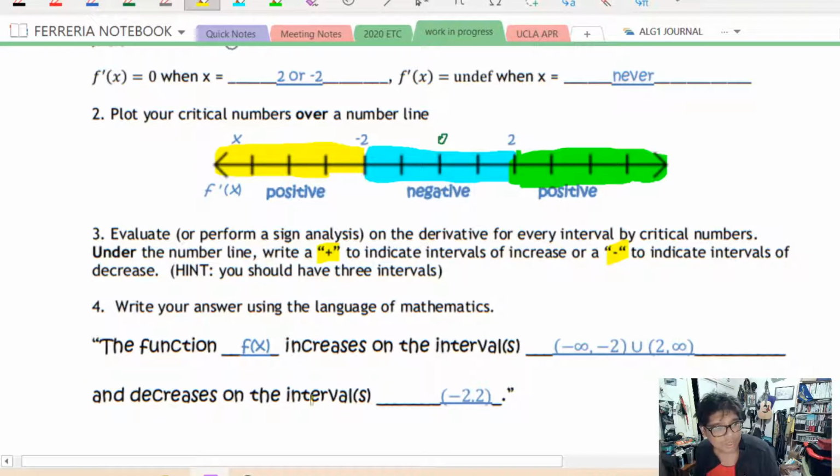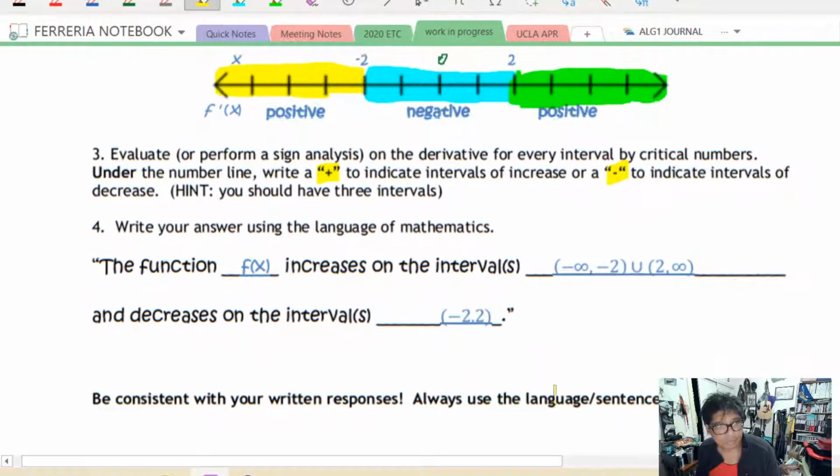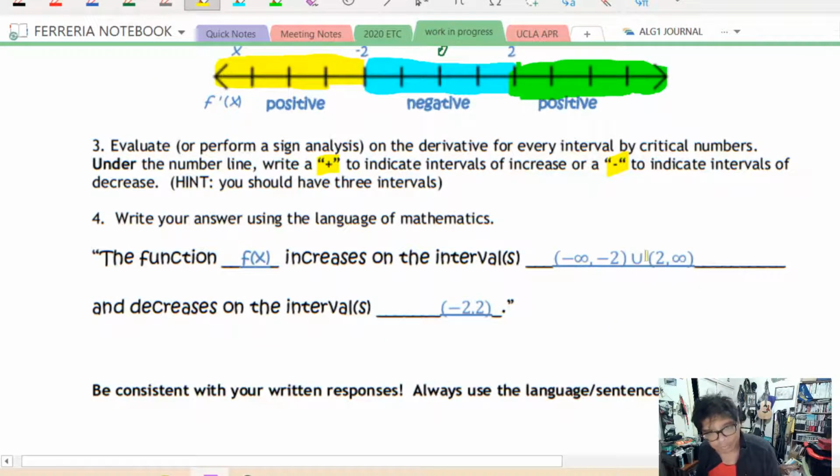And it decreases on the interval -2 to +2. Okay. This union sign right here just means that these two intervals belong together in the same set, really.